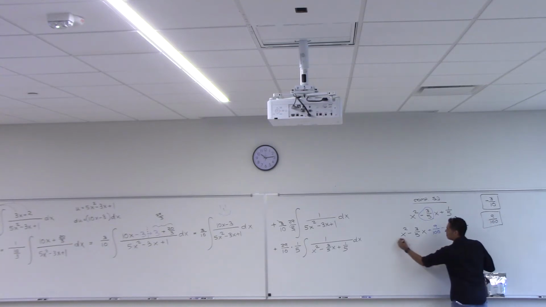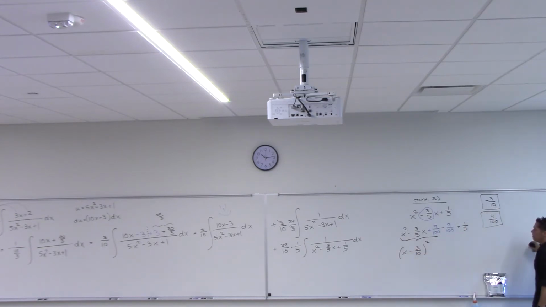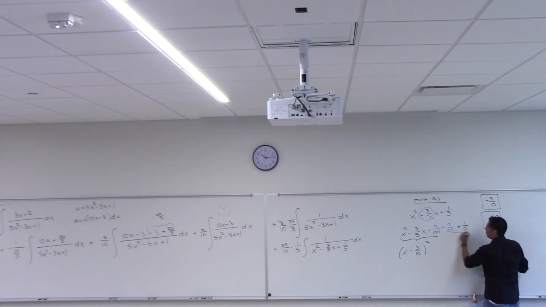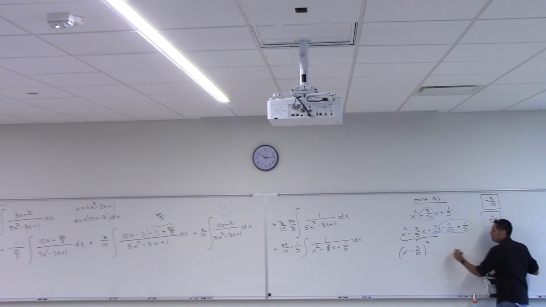These three terms are guaranteed to factor to be x, and then this number, minus 3/10, because it's negative, right? And then over here, we have to put those two together, don't we? So maybe get a common denominator. 11 over 100?